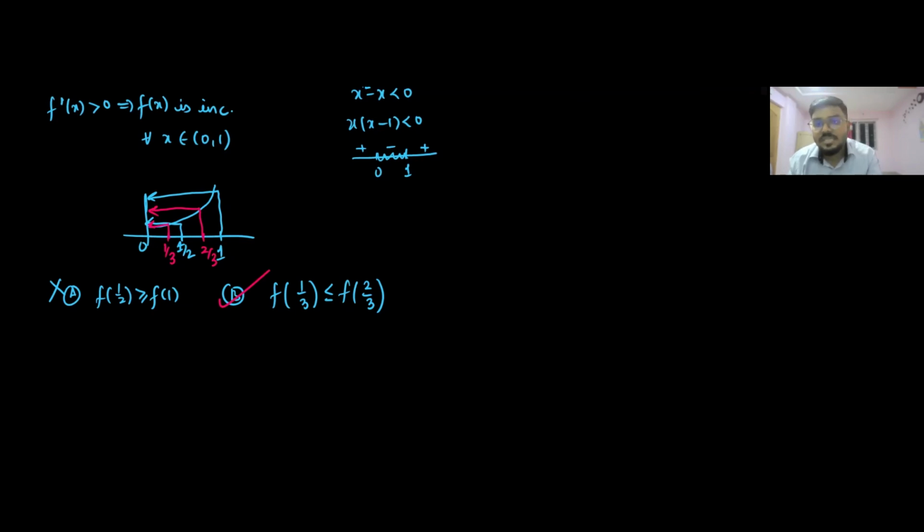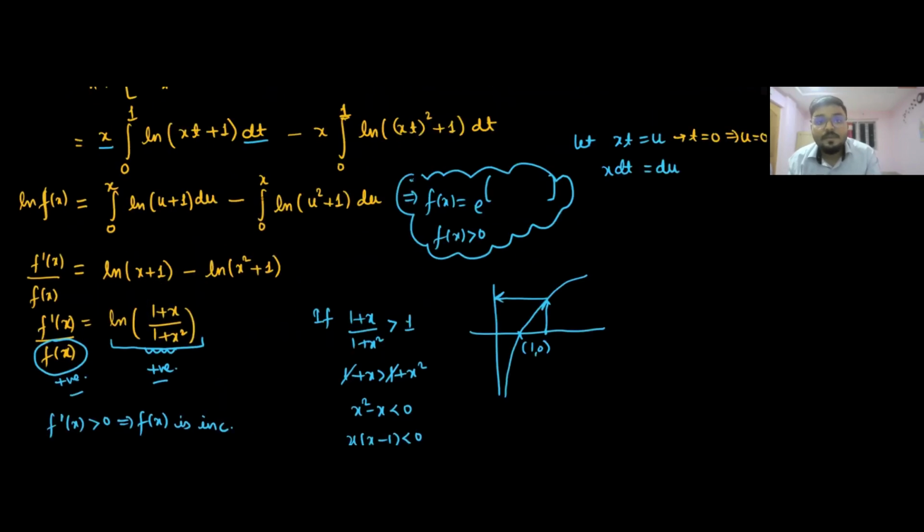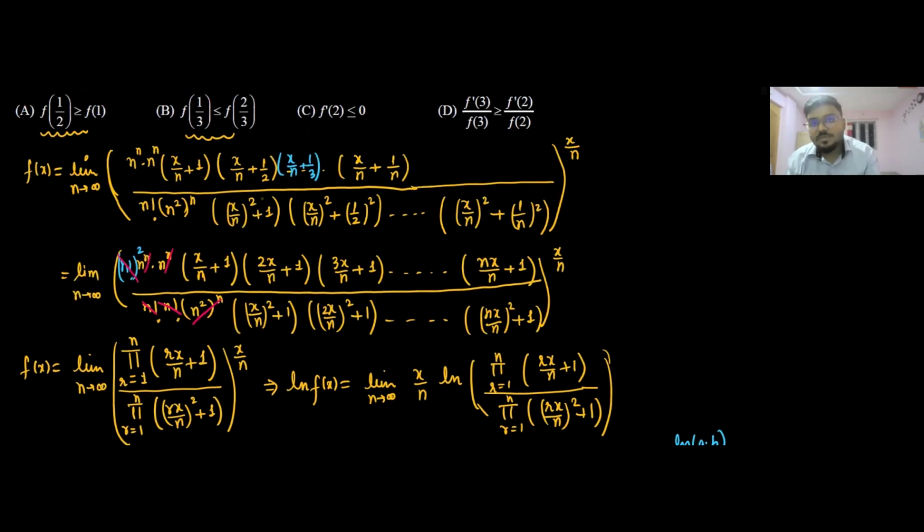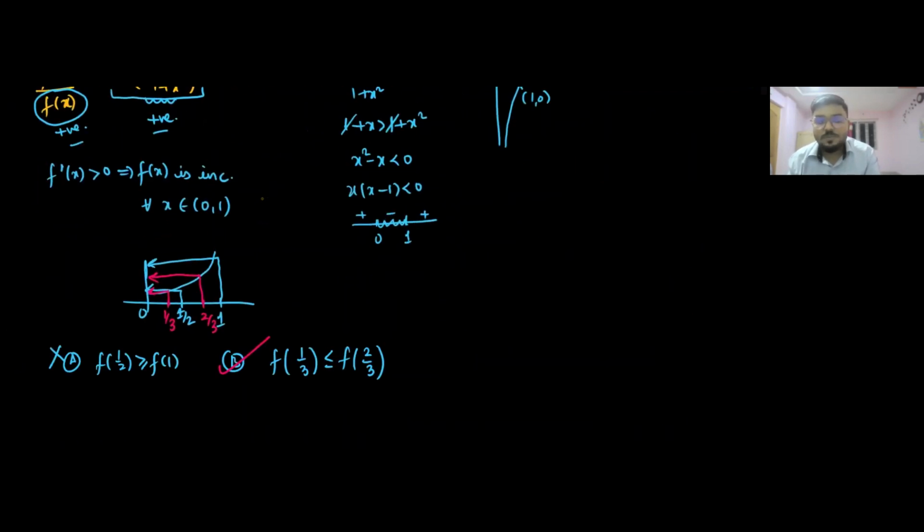Now coming to options C and D. Option C is given as f dash 2 is less than or equal to 0. Let's see what f dash 2 will be. We have already calculated that f dash x is increasing only when x is less than 1. So what happens for x greater than 1?